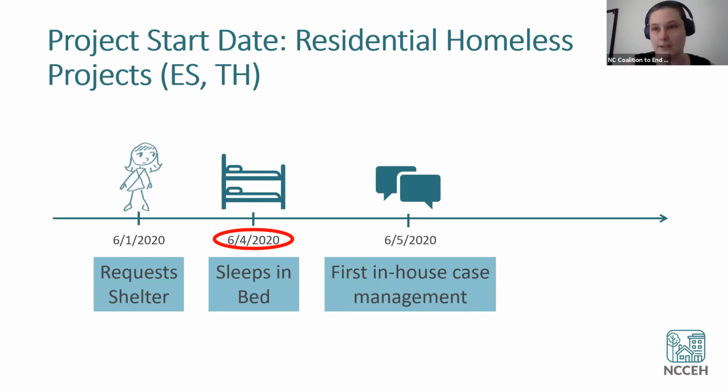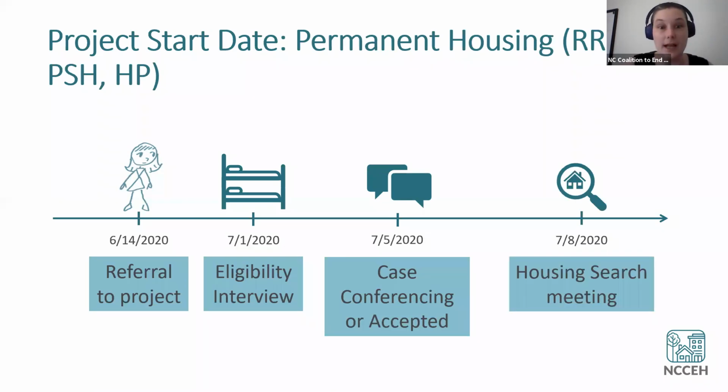Any questions? Cool. All right, let's keep going with our permanent housing projects. We've talked through this a little bit, but let's look at this example. Henrietta is in shelter and now has a referral to the project.